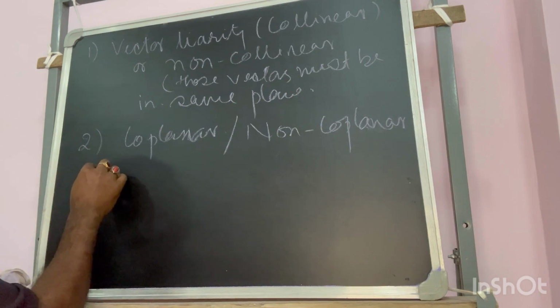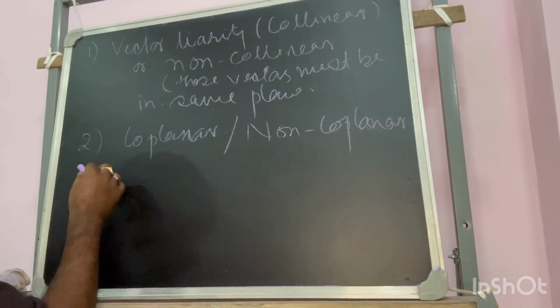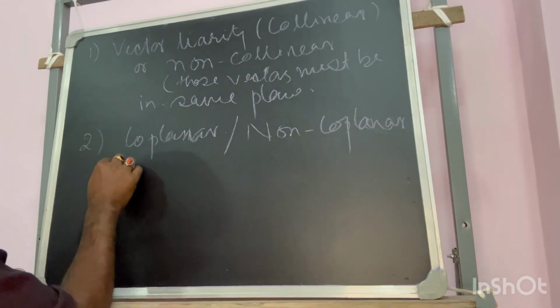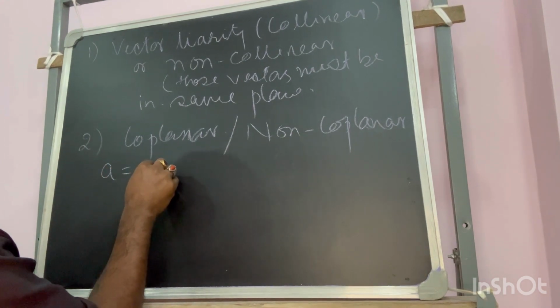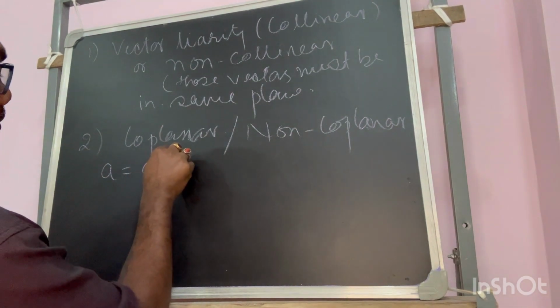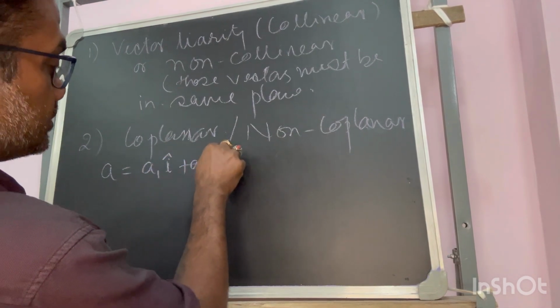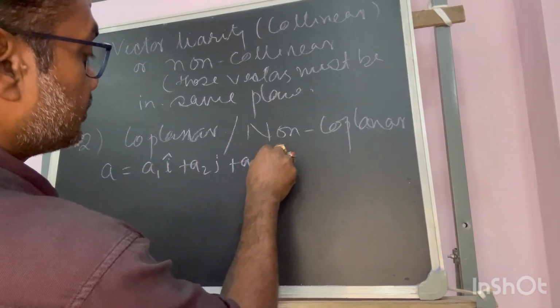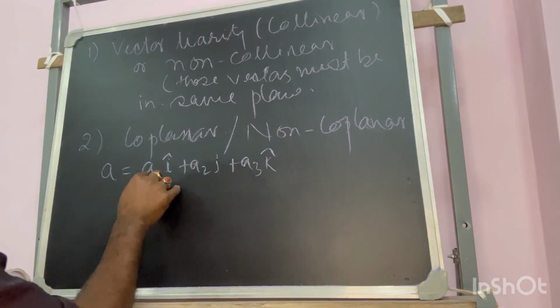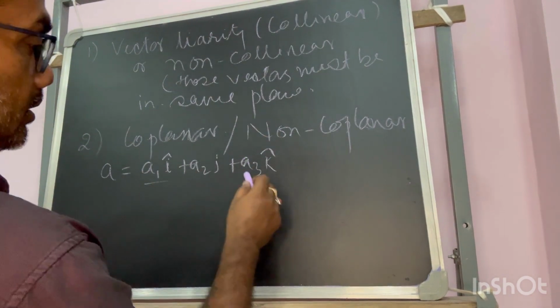What are the things? If I take two vectors of the kind, a combination of vectors, a1i plus a2j plus a3k, that means these have three components i, j and k.